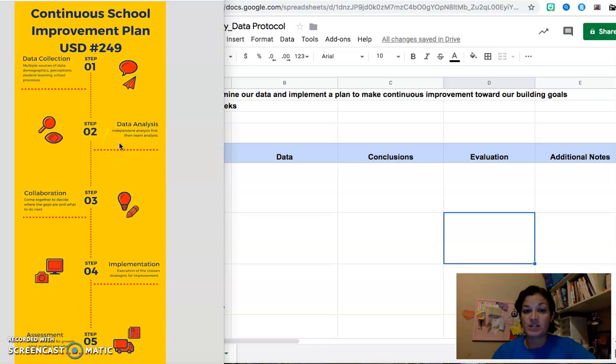My teachers will appreciate a little time to look over their data before coming to the group. And then we're talking about collaboration next, coming together, and I'll explain we're looking for the gaps in the data. What can we do next? We're looking at groups of students, what groups are doing well and why.